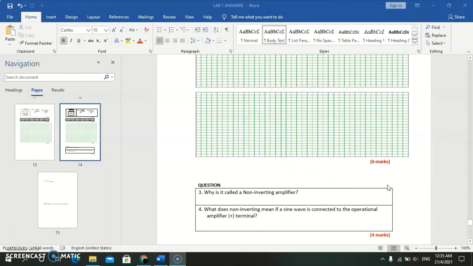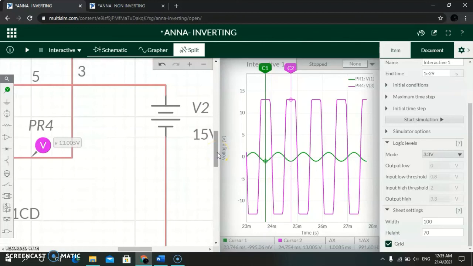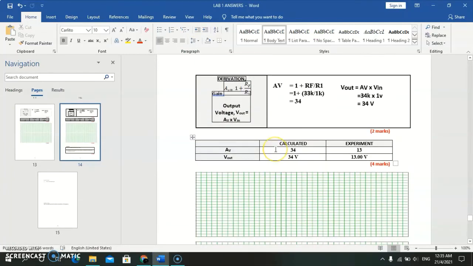Okay, for the discussion of this lab on inverting and non-inverting operational amplifiers, the steps are the same using Multisim Live online circuit. We did the calculation and compared it with the experiment we did in Multisim.